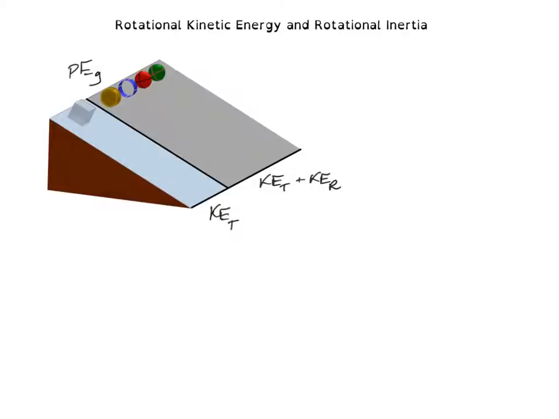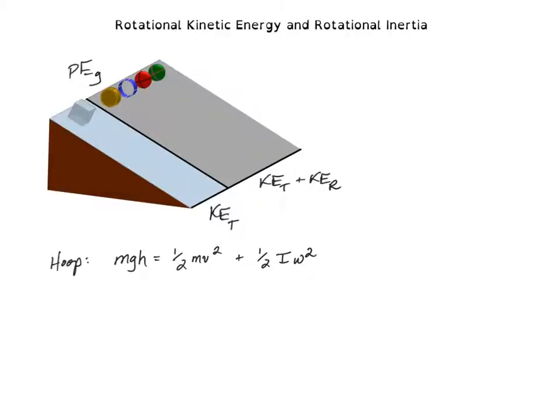I'm going to start out with the hoop here. I'm going to set up a conservation of energy equation. So I'm going to say mgh at the top is going to equal 1/2 mv squared. That's our equation for translational kinetic energy, plus 1/2 I omega squared.